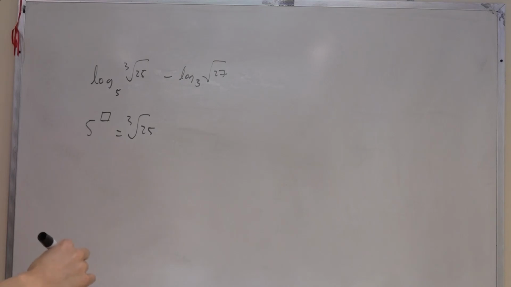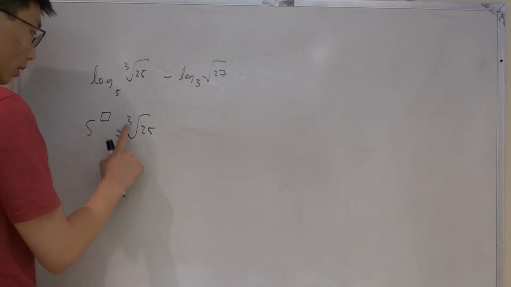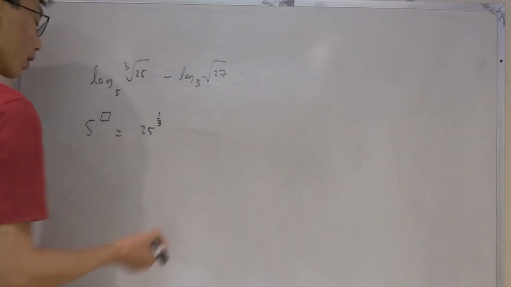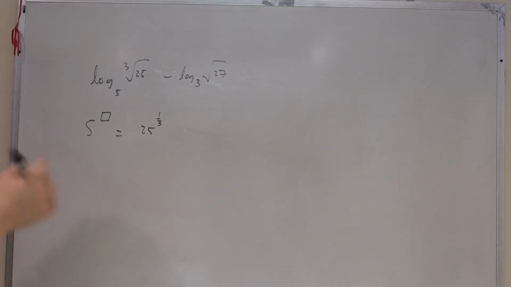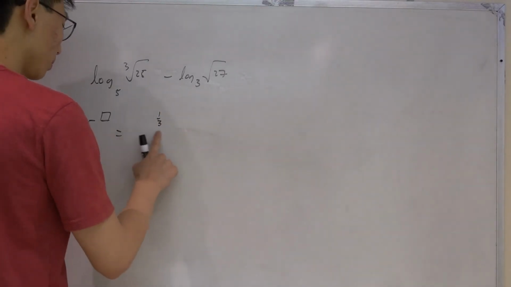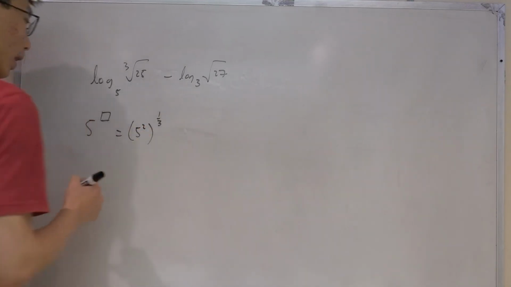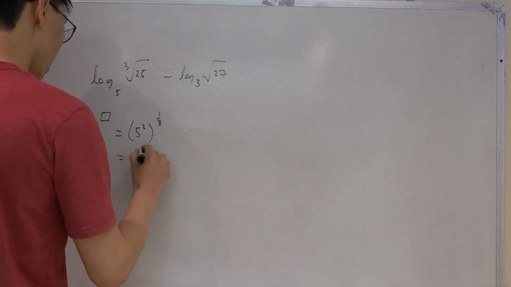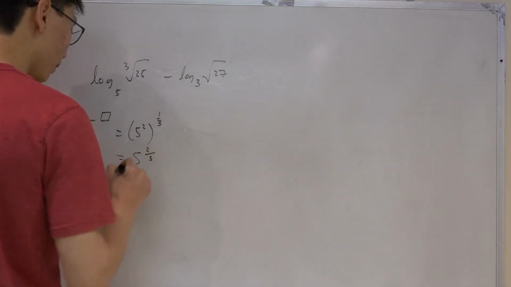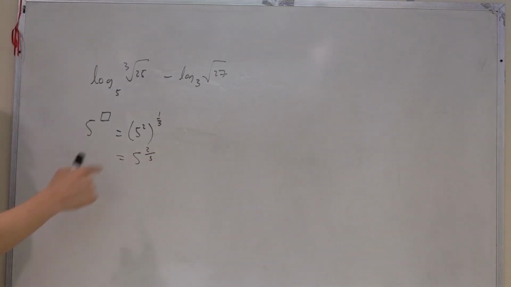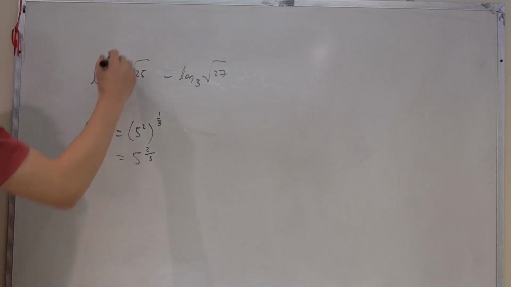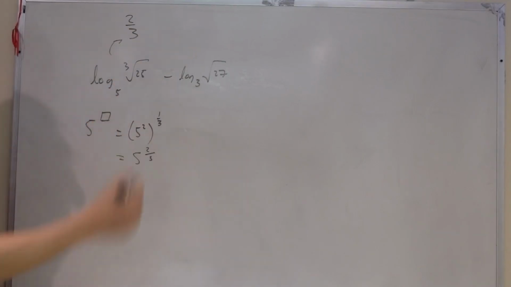The first thing I want you to notice is that the cube root is the same thing as raising to the 1/3 power. And the second thing is that 25 is 5 squared. Again, brackets for security. Then this gives you 5 to the 2 over 3 by our multiplication by exponents rule. So the number that goes in here is 2/3. Therefore, this whole number here is just 2 over 3.